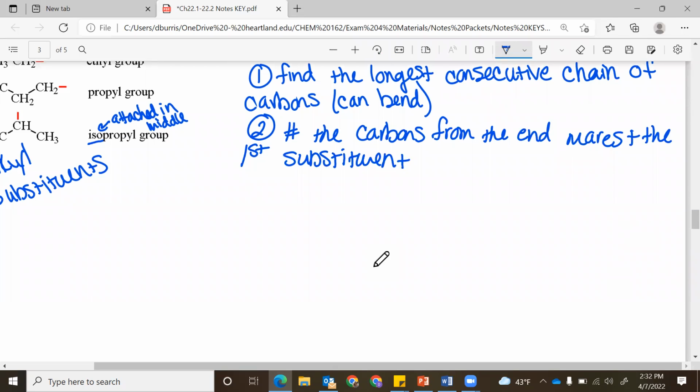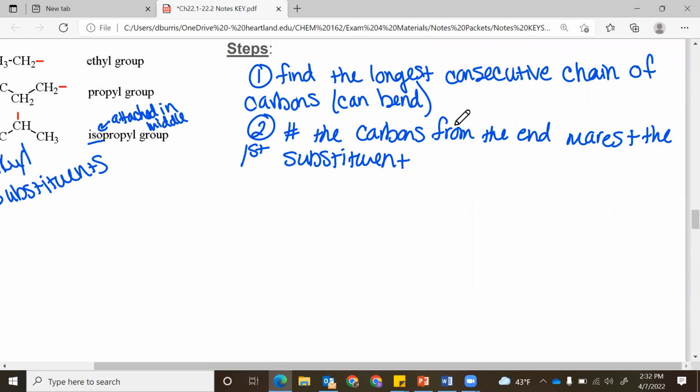So you're going to pick your side based on where things are attached. So number the carbons from the end nearest the first substituent. Essentially, we want low numbers. We want low numbers, if at all possible.